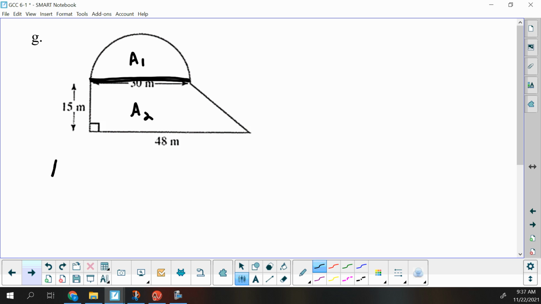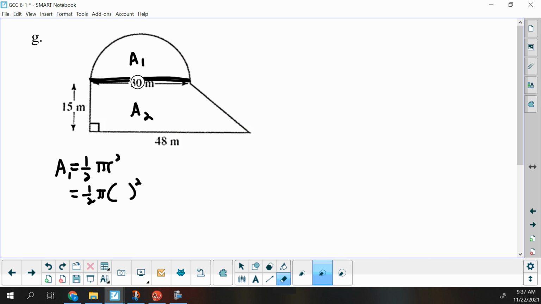So for the first area, we have half of a circle. A circle is pi r squared. We have half the circle, so we'll just put a 1/2 out front. So for this area, we're going to have 1/2 pi times something squared, and I covered it up a little bit there, but the 30 goes all the way across, so that's the diameter.